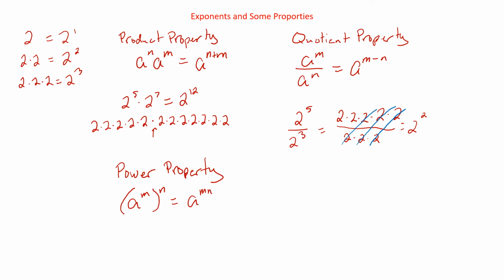And the way that would work is if we had, let's say, 2 to the 5th to the 3rd. Well, the exponent to the 3rd means we just have 3 of these. So that's 2 to the 5th times 2 to the 5th times 2 to the 5th, which can then go to the product property, where we would just add these together. That's 5 plus 5 plus 5, which is 5 3 times. That's what multiplication is. And so that's how that power property works.